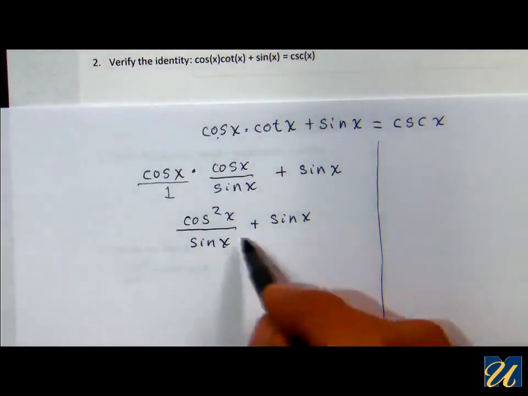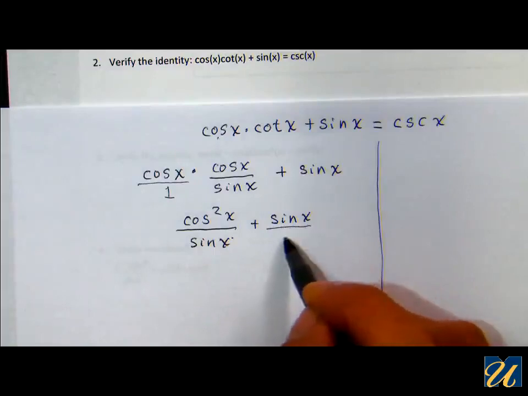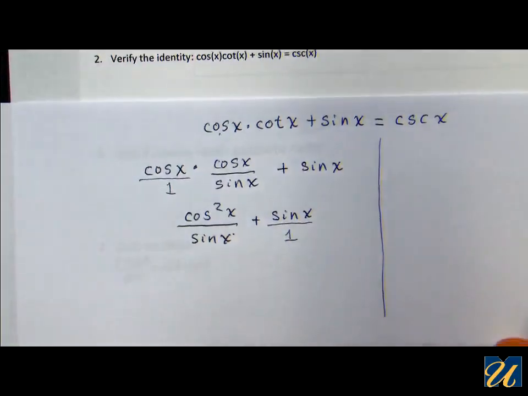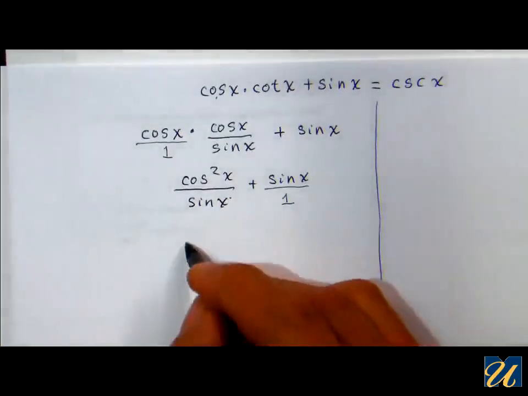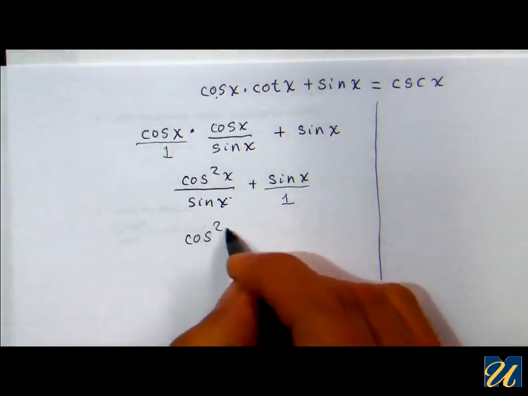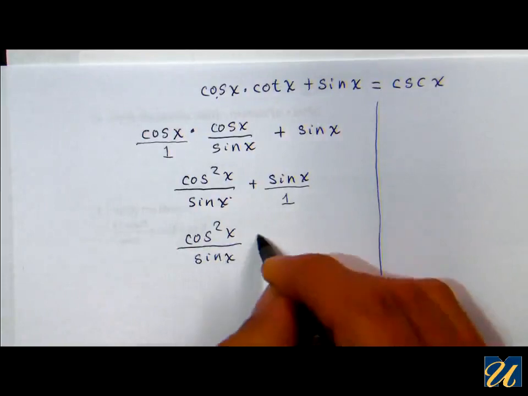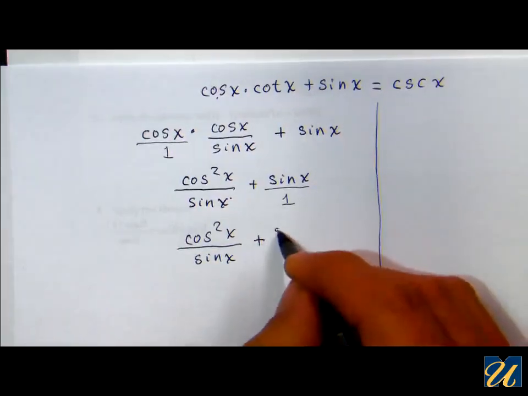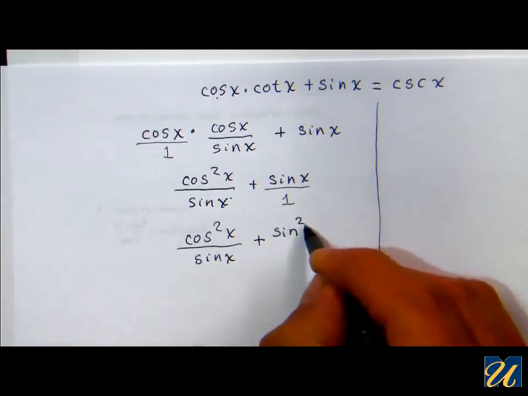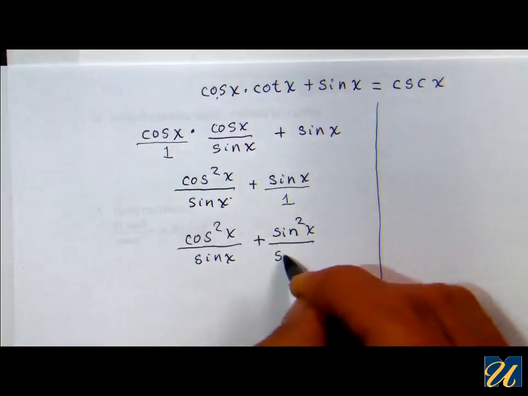Well, let's see. This is a fraction as well. Why don't we add that fraction together and find a common denominator? So this is cosine square x over sine of x. And this one we can multiply by the sine of x over the sine of x. So that will give us the sine square over the sine.